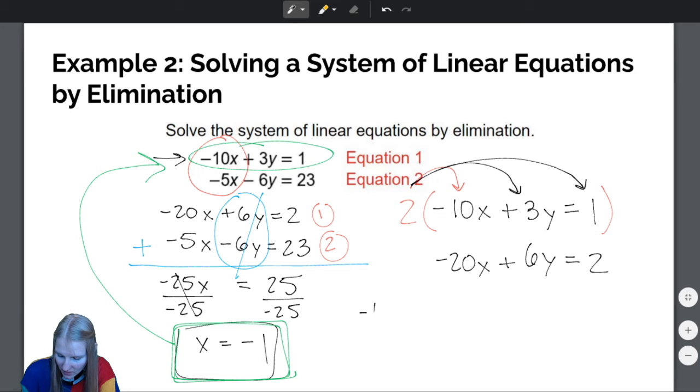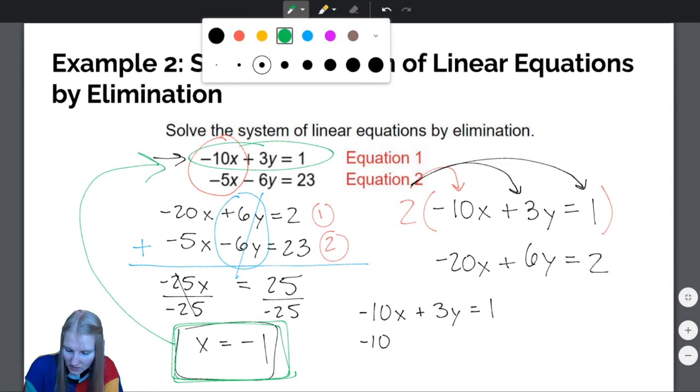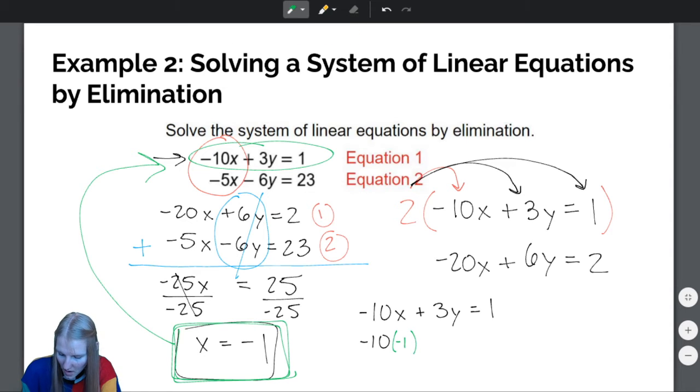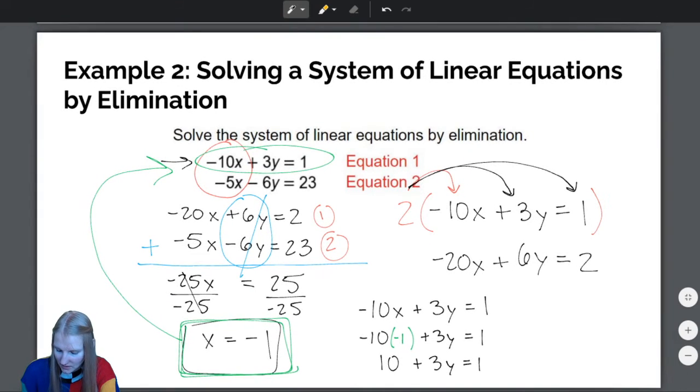I have -10x plus 3y equals 1. And I'm going to replace x with -1. Negative 10 times negative 1 is positive 10. Plus 3y equals 1. Then I'll subtract 10 from both sides.